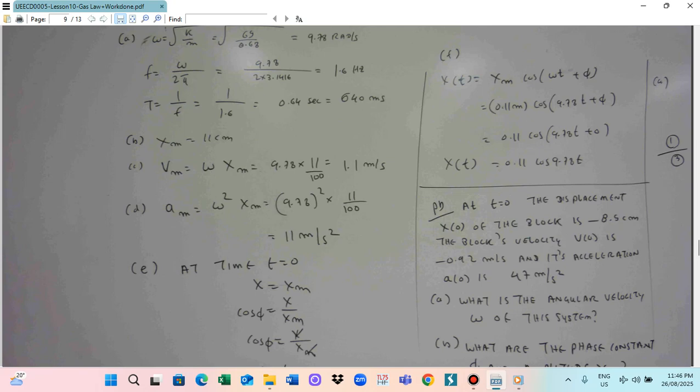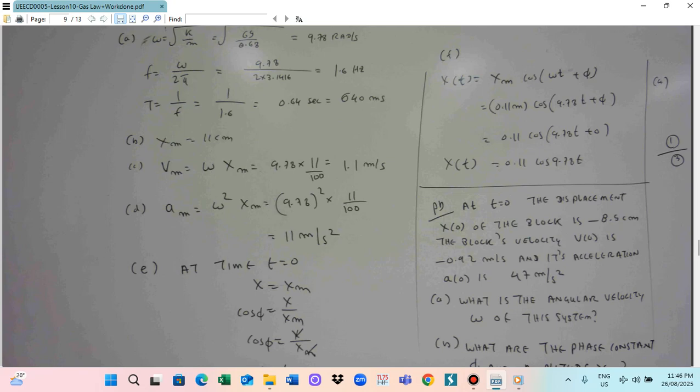And another one is F. What is the oscillation function? You have to write down the equation. The function is h equals hm multiplied by cos of omega t plus phi. So then h is equal to 0.11 meter multiplied by cos of 9.78 t plus phi.